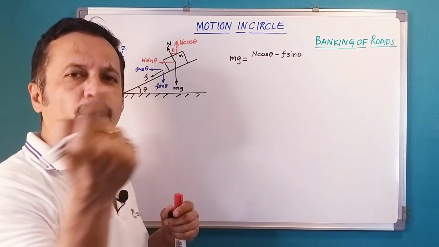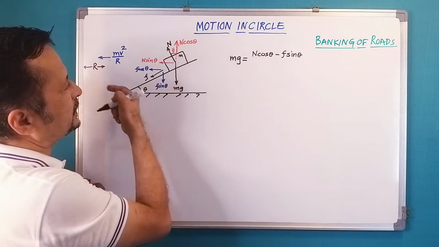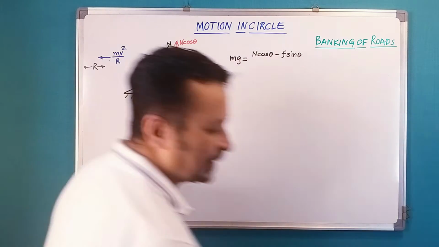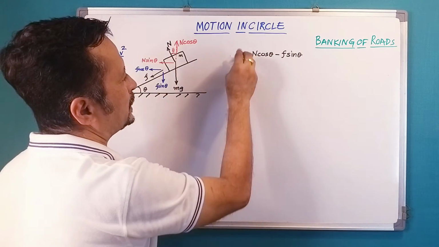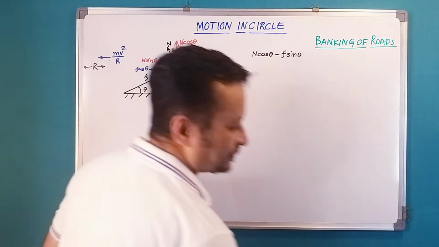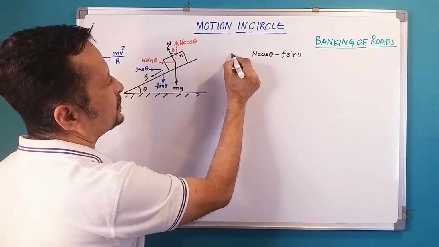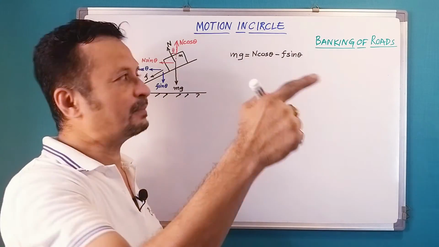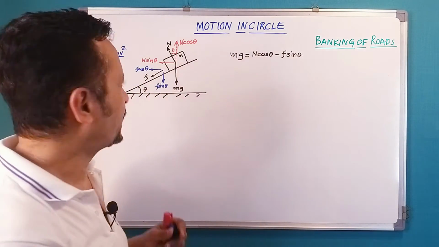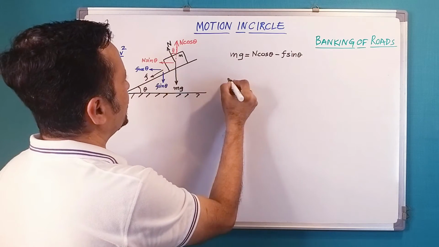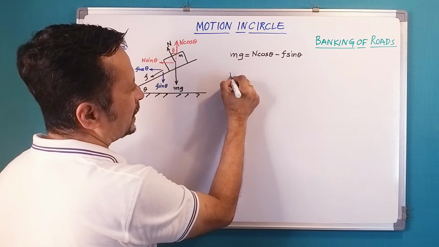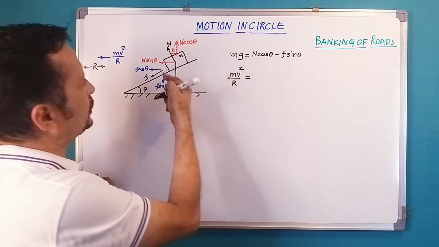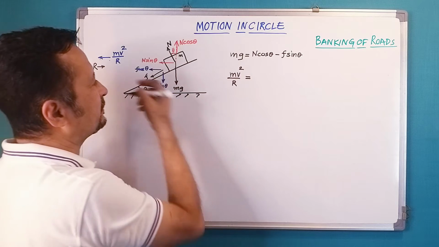And what about horizontal forces? Now f cos theta plus N sin theta, both are pointing towards the left. I'll just write this properly. So mv square upon r is equal to N sin theta plus f cos theta.